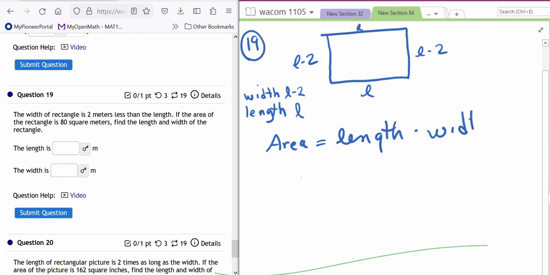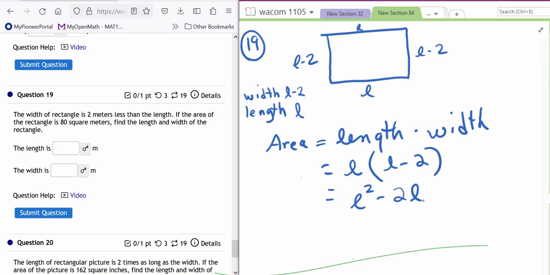That's the formula. Then we can just plug in because we have our pieces. Our length is L, and our width is L minus 2. And so we have L squared minus 2L. That's the expression for our area.